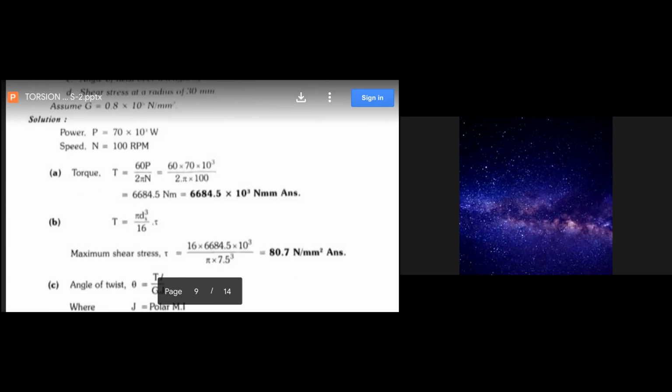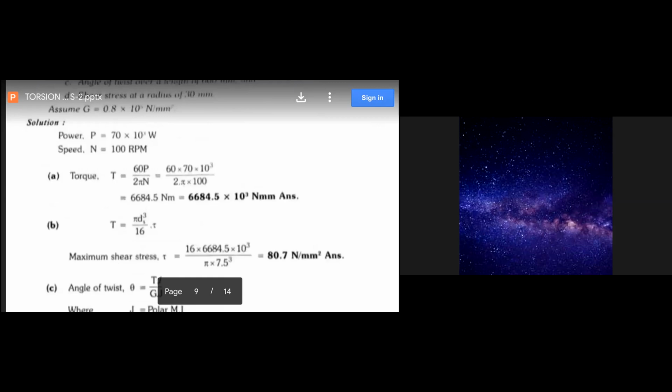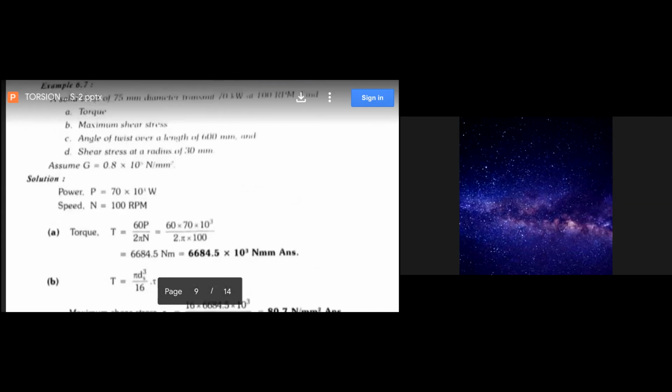And next bit, you have to find maximum shear stress. You know the relation between maximum torque and maximum shear stress. That is, maximum torque T is equal to pi by 16 d cube into tau, where tau is the maximum shear stress. Maximum shear stress is equal to 16 T by pi d cube. Here the diameter of the shaft is given, that is 75 mm.